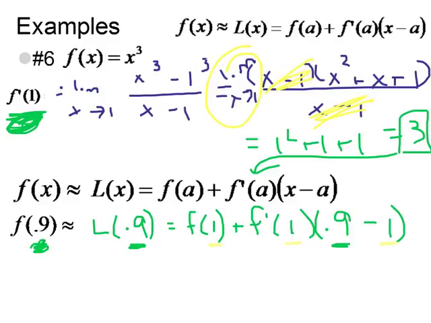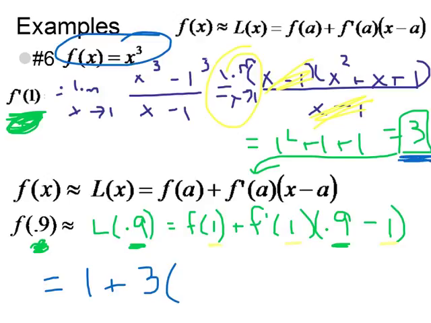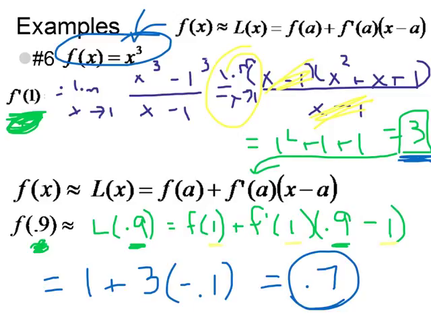Okay, so let's see, f of 1. Here's your function, f of 1 is 1 cubed. F prime of 1, we found. 0.9 minus 1 is negative a tenth. So that's 1 minus 0.3, or 0.7. Now I will leave it up to you to compare that to what the actual value of 0.9 cubed is, but it's going to be gosh darn close.